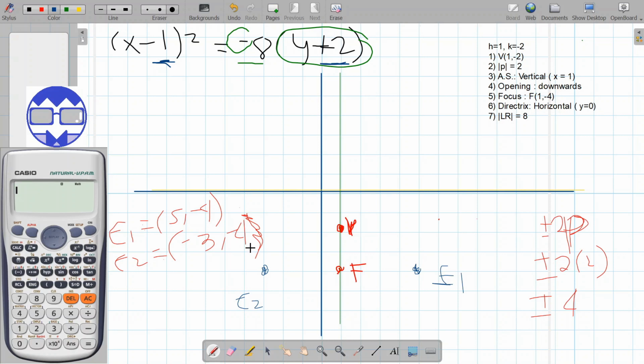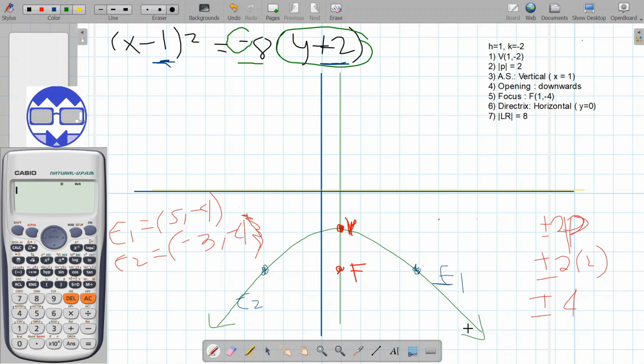Hence, we can have a rough graph of our parabola. So this is the rough graph of the parabola.